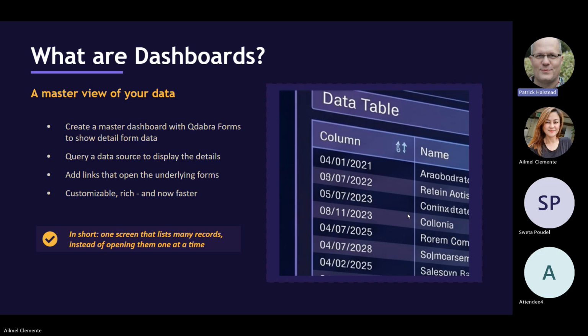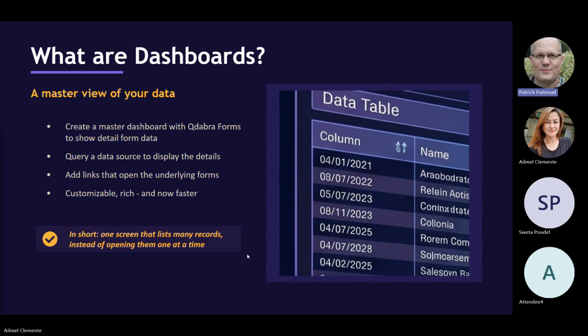But what we're talking about right now is really just trying to get a quick visual of the data that's active in your system, that you need to act on. This is the benefit of dashboards: they query your form data, but they only surface, or filter out, the stuff that doesn't need to be acted on, and you end up with a sort of control center or a heat map, or there are various ways of saying this.